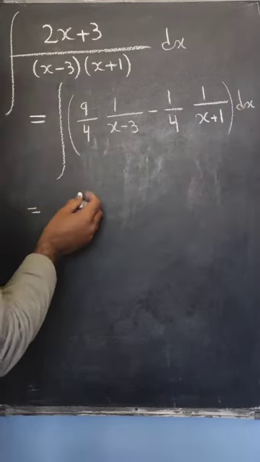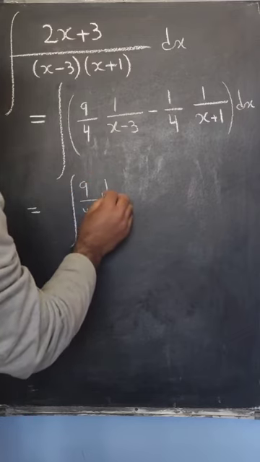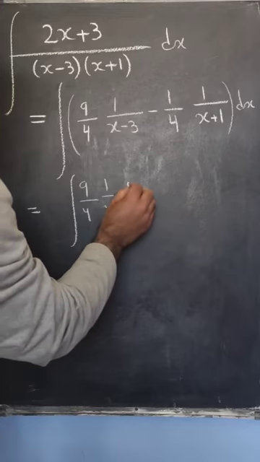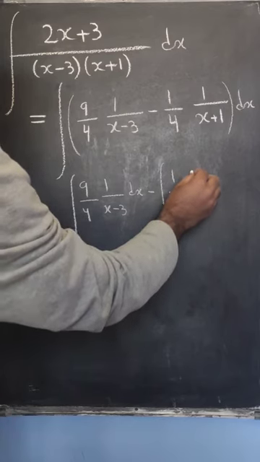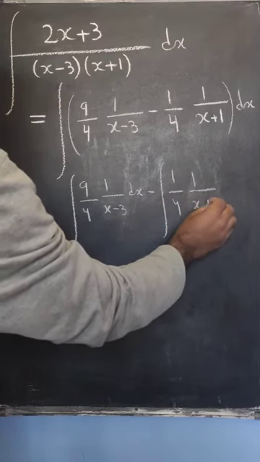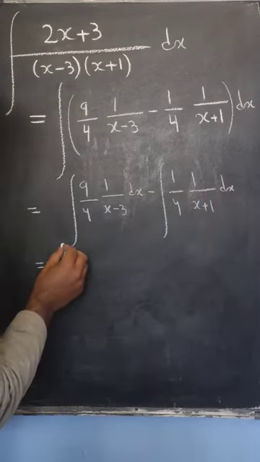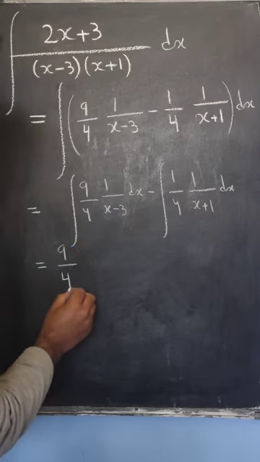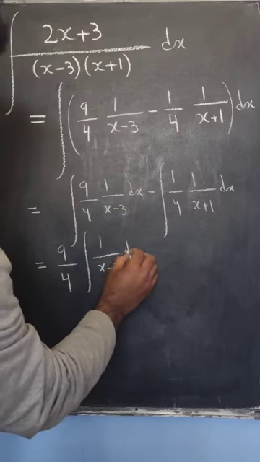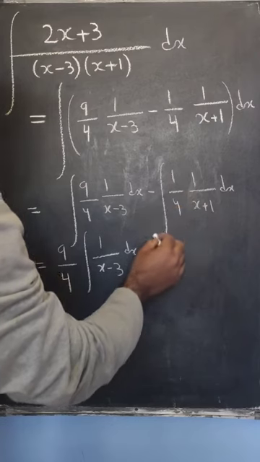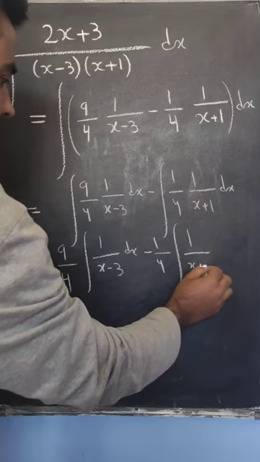That is equal to 9 by 4 integral 1 by (x minus 3) dx minus 1 by 4 integral 1 by (x plus 1) dx, since 9 by 4 and 1 by 4 are constants.